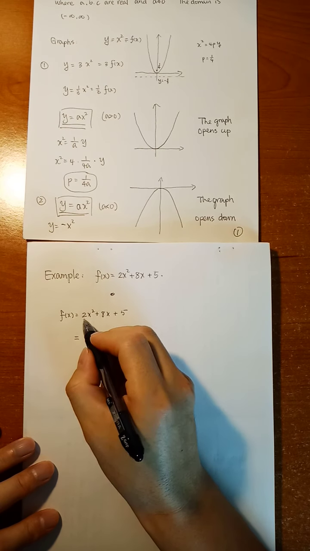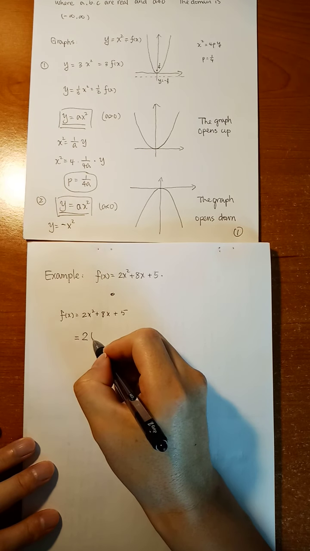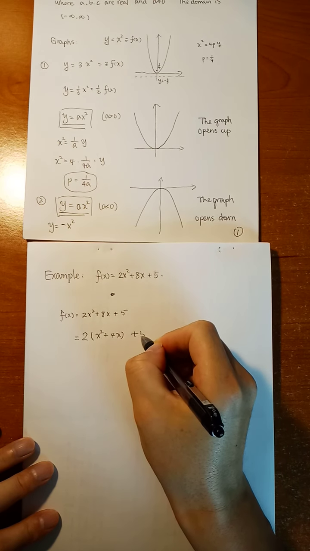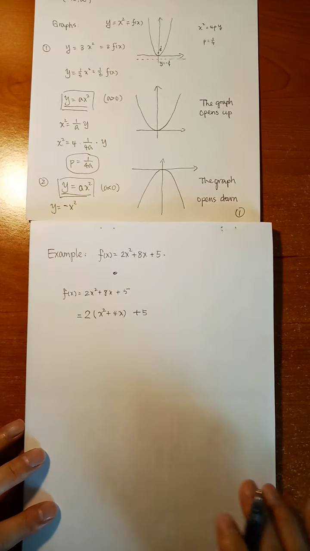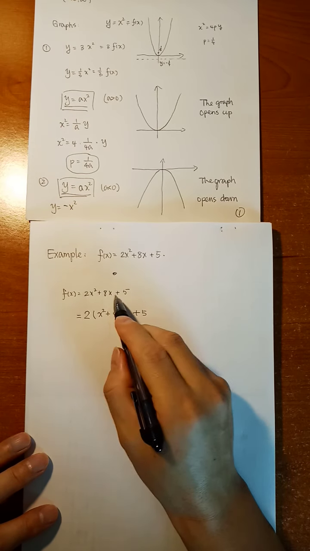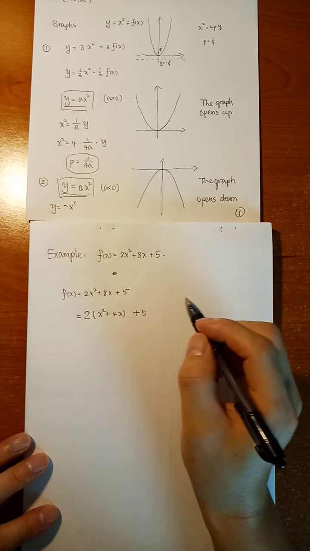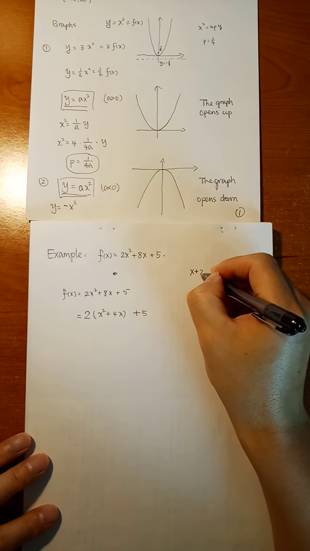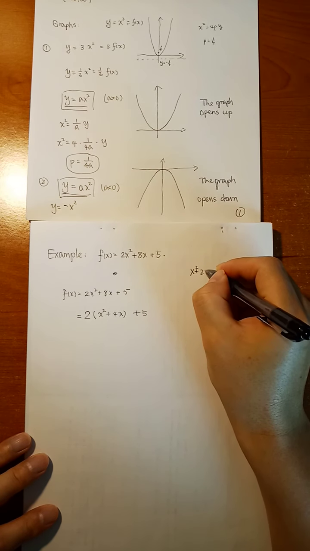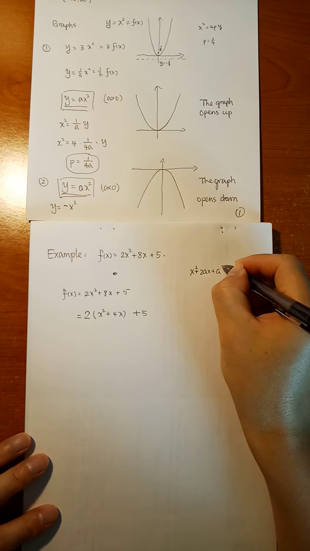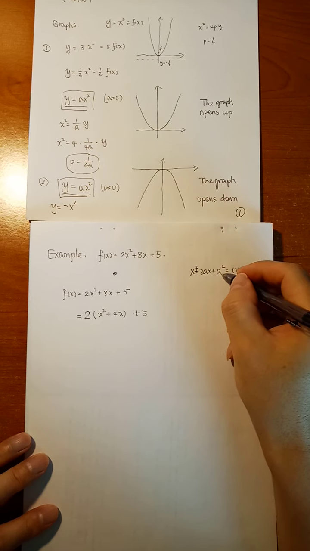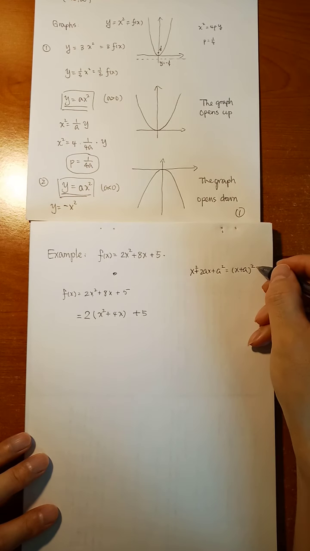First, we factor out the coefficient 2. Leave the constant term alone. You factor out 2 from the x squared and x term. And then again, x squared plus 2ax plus a squared is equal to (a plus x) squared.